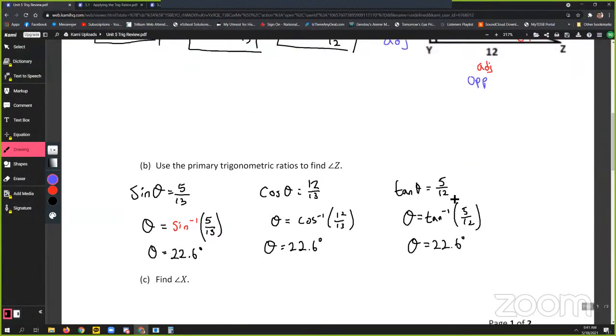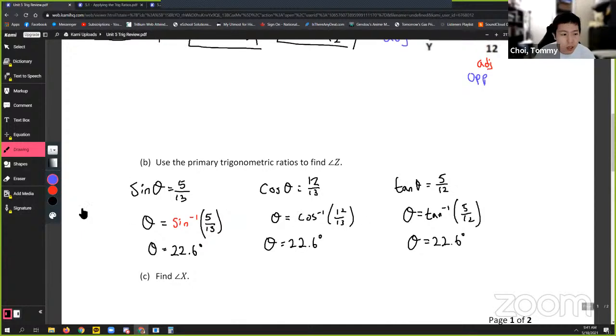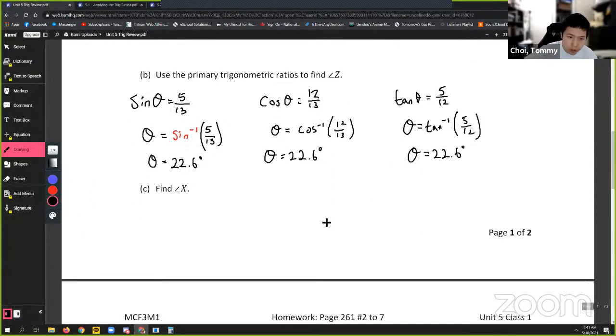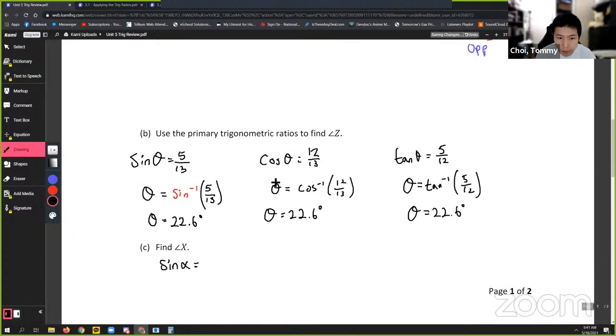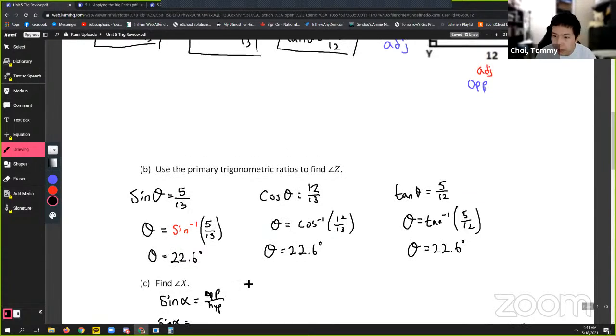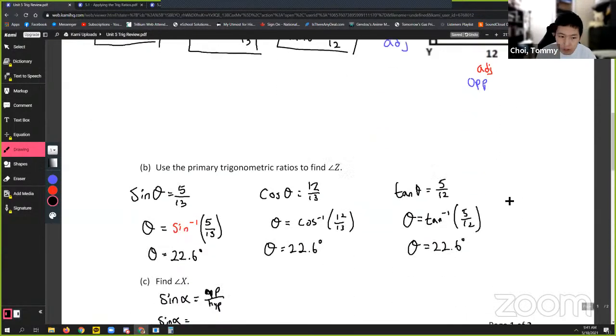Perfect. I heard sine, and Sydney said sine too. So we're going to use sine. We know sine alpha is equal to opposite over hypotenuse. For us, sine alpha: opposite is 12, hypotenuse is 13.